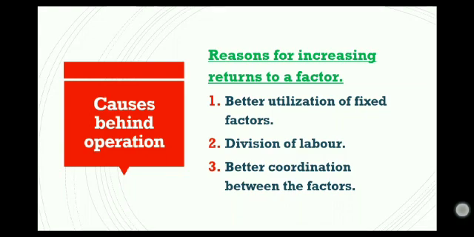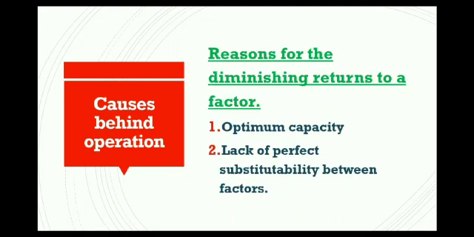Next, reasons for diminishing returns to a factor. There are two main reasons behind the operation of diminishing return to a factor. These are optimum capacity and lack of perfect substitutability between factors. Optimum capacity.